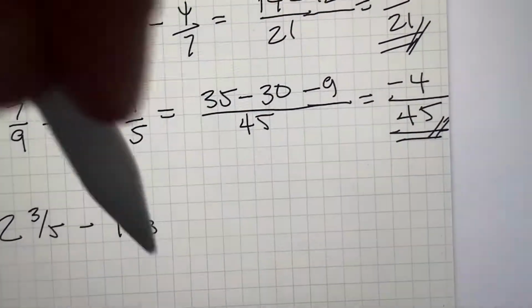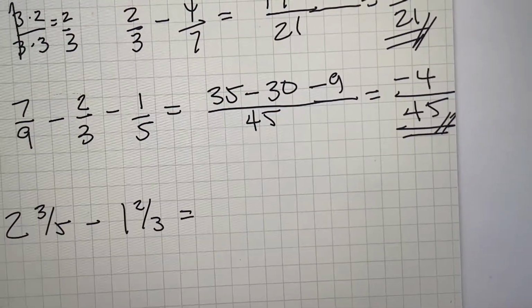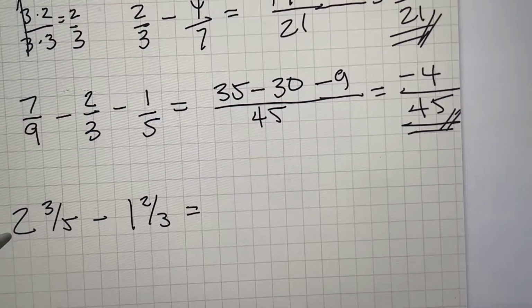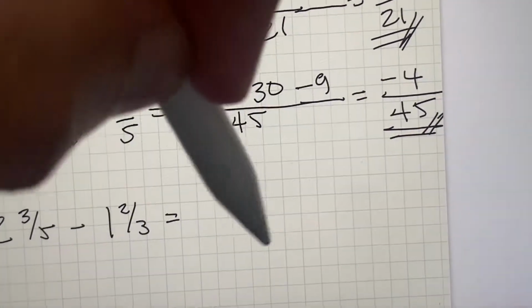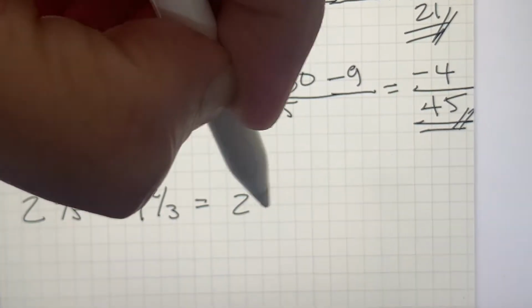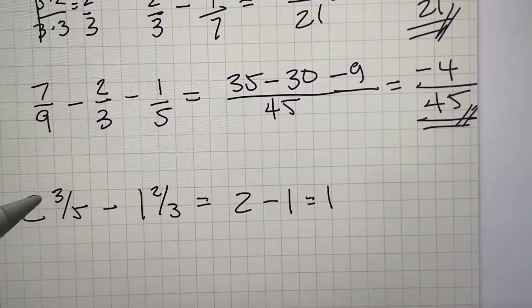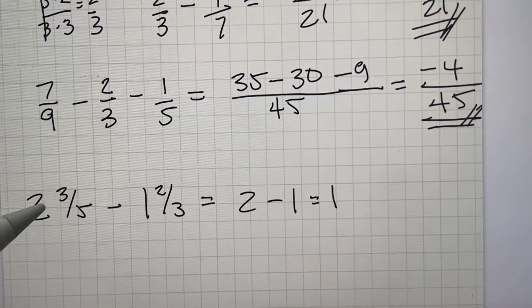So we can try to do 2 minus 1, just subtract the wholes. So that gives me 2 minus 1 equals 1, and then I'll subtract the fractions by themselves.